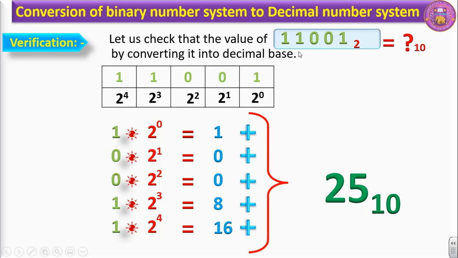It means the binary equivalent of decimal number 25 is 11001, in binary format. Once we convert it into decimal number system, this comes to 25, base is 10. So our answer is correct.